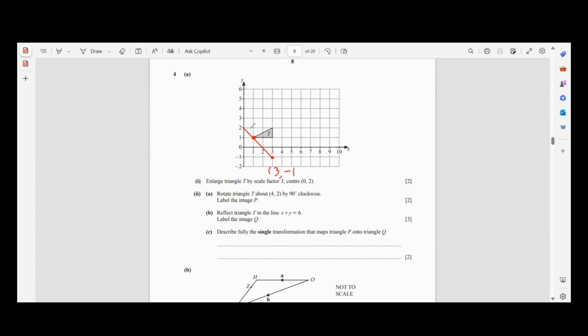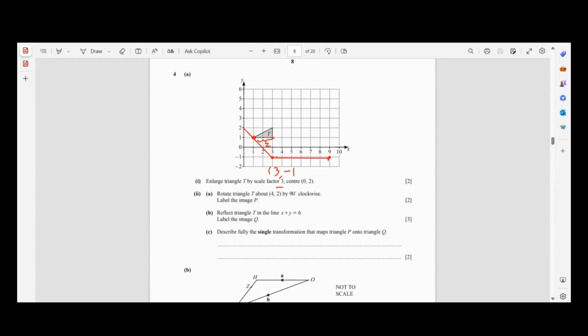After we get 1 point, we can draw the other points. Here, this is 2 boxes, so to enlarge 3 times, it must be 6 boxes. So 1, 2, 3, 4, 5, 6. So it's here. So we can make the new enlargement box.